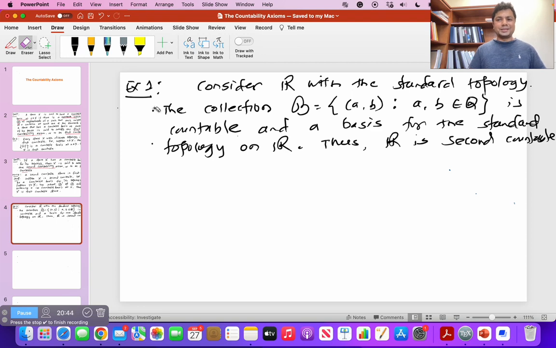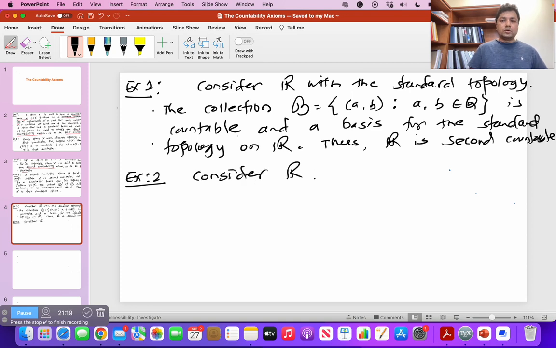But remember, we are taking the standard topology here. Whether the space is going to be second countable or not depends on what topology you are taking. In our first example, we took the standard topology on R, so R is second countable. But if we consider R with the discrete topology, then it is not going to be second countable, which you can see in this example.